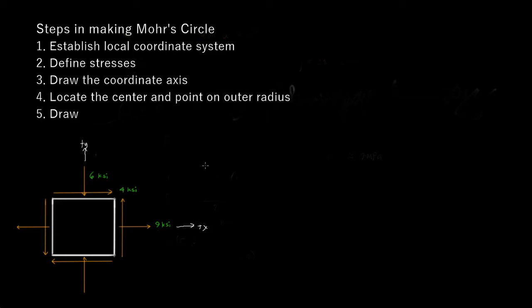Our sigma X, because it's causing tension in the face, is equal to 9 psi. Now notice that our sigma Y is causing compression in the face of the stress element, and so sigma Y is negative 6 psi. Now for our shear stress right here, it's on the positive X face and the positive Y direction, so this is going to be plus 4 psi.